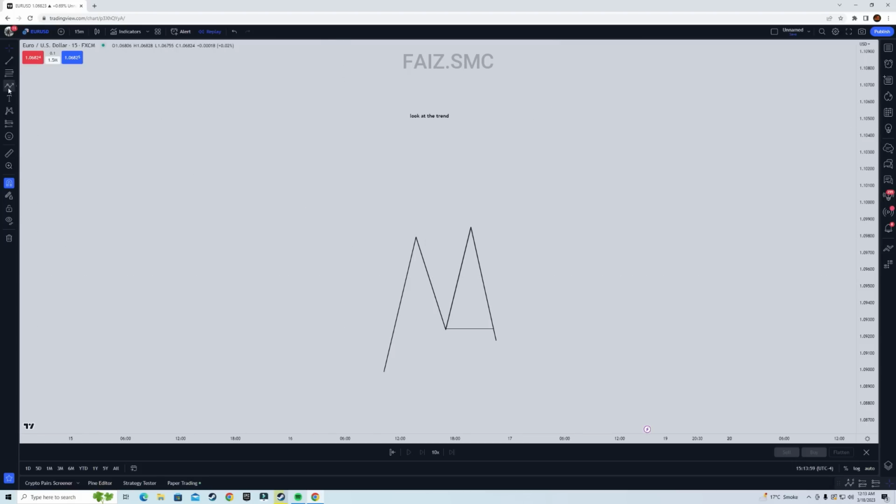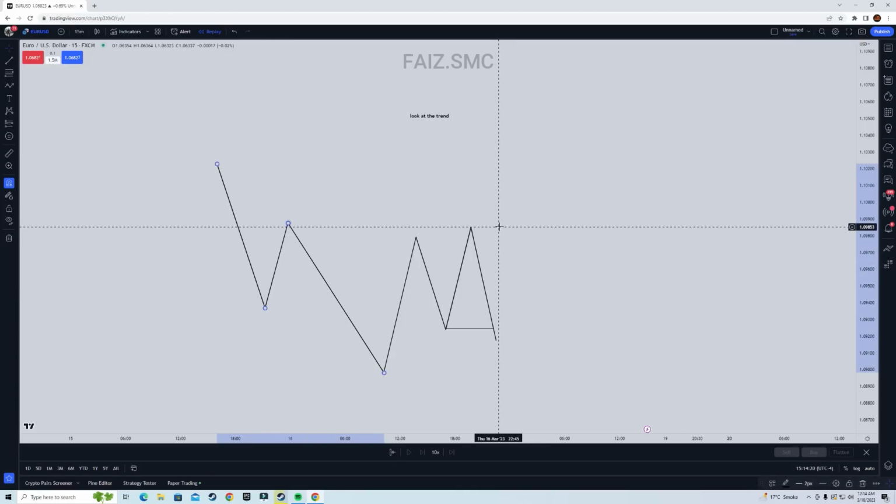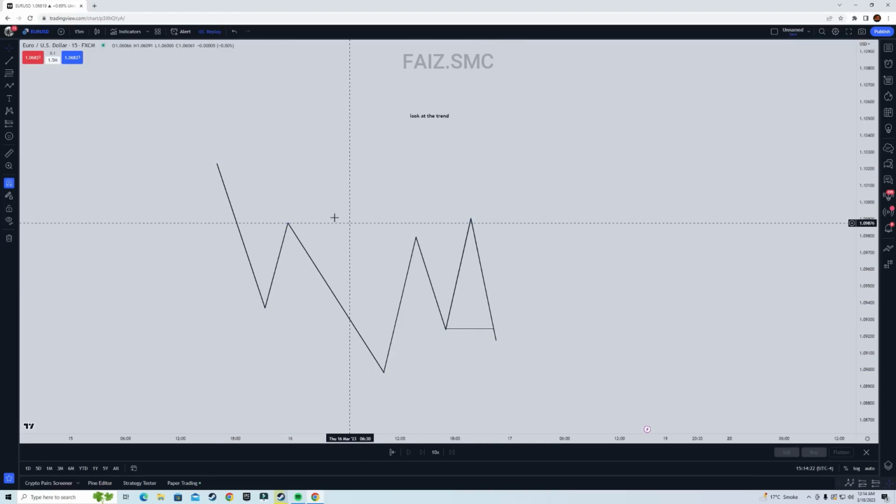And how do you identify a shift in market structure? Let's say that you were seeing this on a 4-hour time frame. You go up to a higher time frame. For me, that would be a daily time frame. Let me draw this out. Perfect.